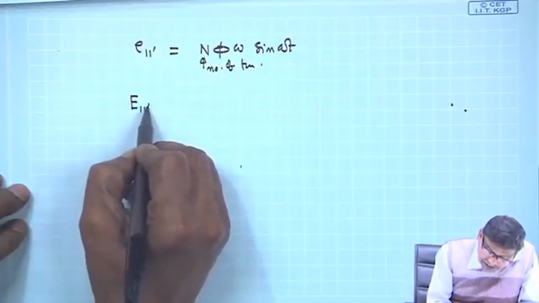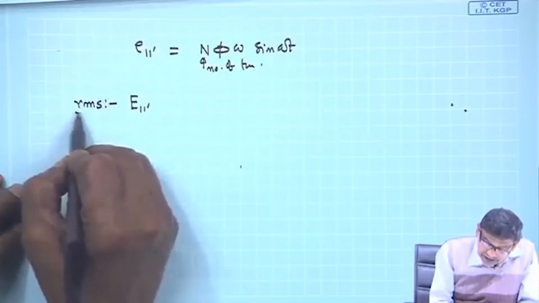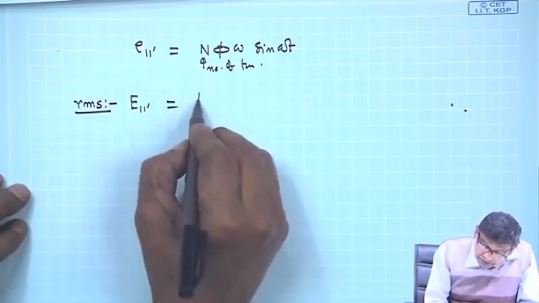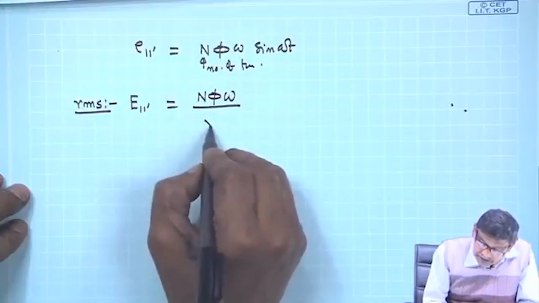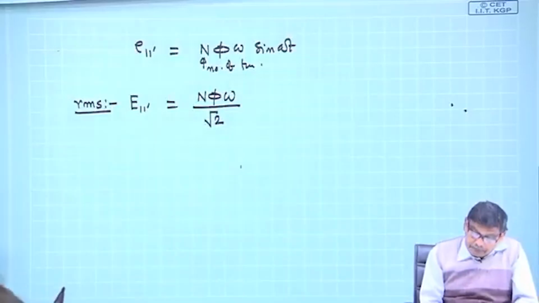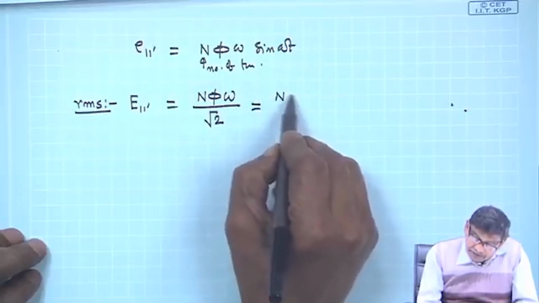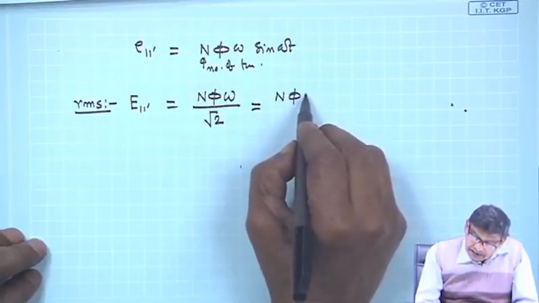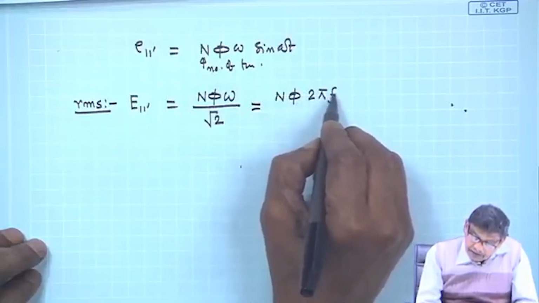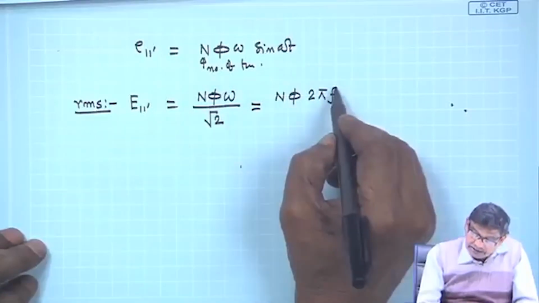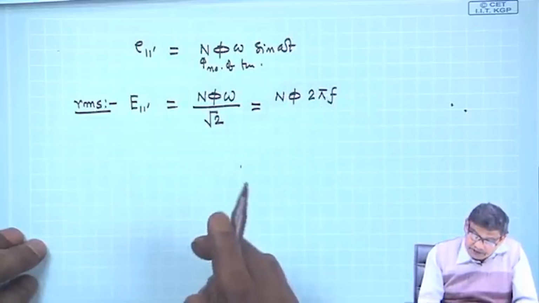E 1 dashed RMS value of this voltage will be simply this divided by root 2, and this omega N phi can be written as 2 pi f, where f is nothing but n in RPS expressed in electrical degree, times the number of turns.